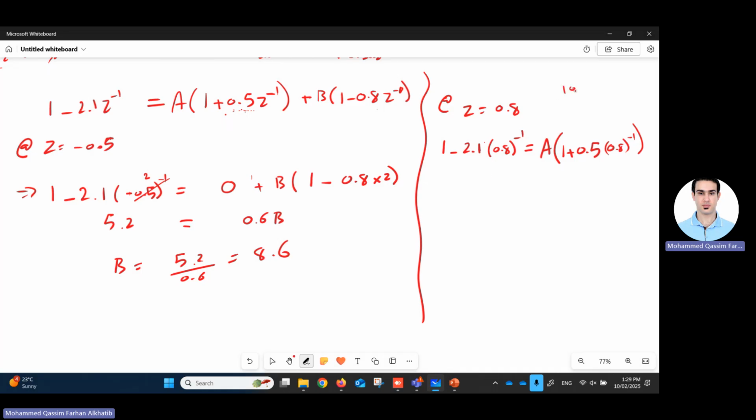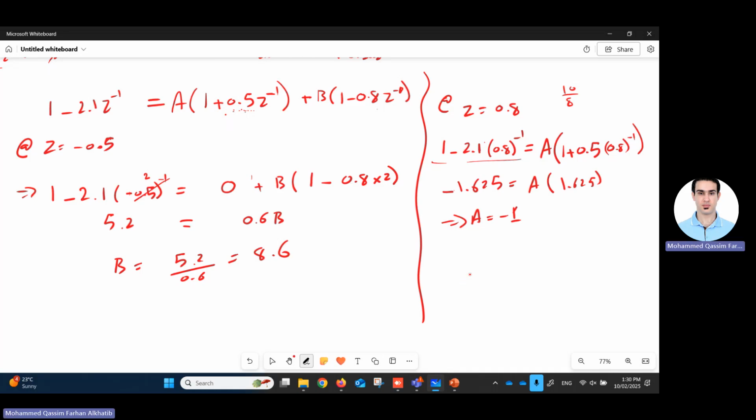It's 10 over 8, right? So have you done the math for the first one? Negative 1.625, that equals A times 1.625. So A equals negative 1.